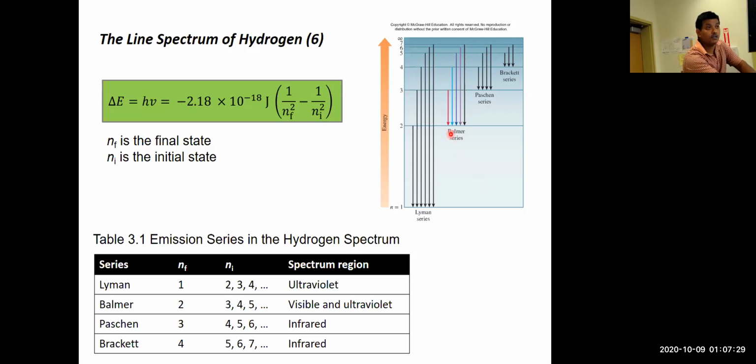For hydrogen, these are the only 4 lines that we are able to see. But hydrogen also exhibits all of this ultraviolet and infrared range. We are just not able to see it with the naked eye, but it was happening as well. So a photon of energy can be absorbed and a photon of energy can be released in any different combination of the shells. All right.